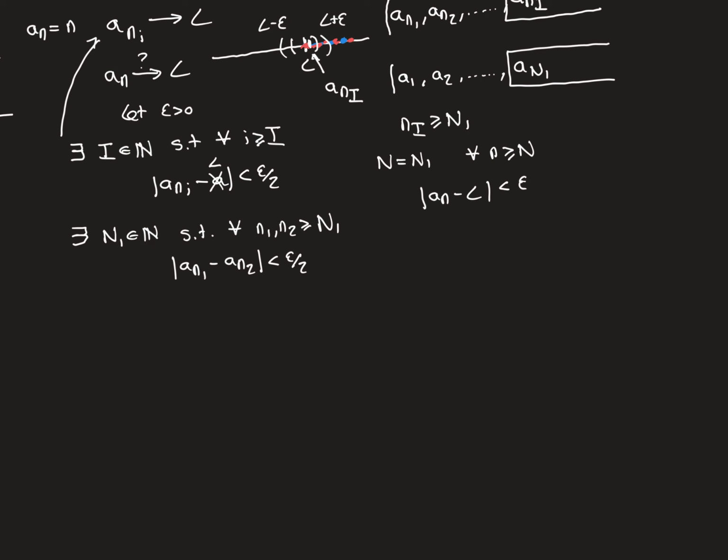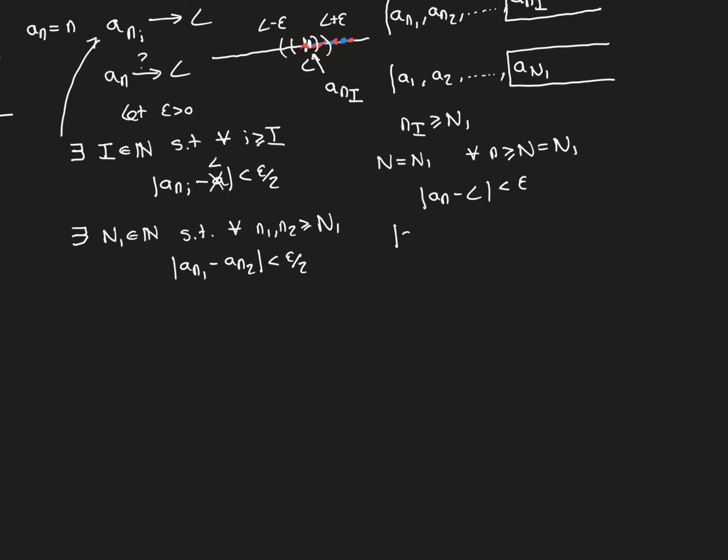So let's take some n that's greater than or equal to big N, and that is of course equal to n1. So it's some term in the sequence that's downstream of here, and I want to see why this is going to be true. Well, I can now use the triangle inequality.